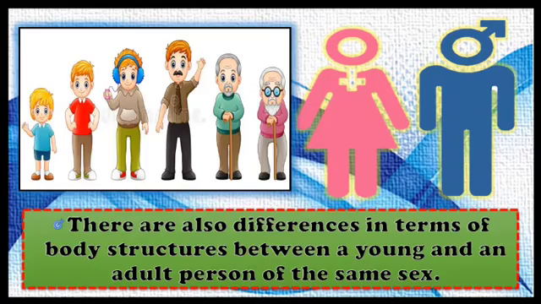Therefore, there are also differences in terms of body structures between a young and an adult person of the same sex. As you can observe, di ba, nung bata kayo, like for example, ang sanggol, ang liit-liit ng mga daliri compared to a teenager or sa adult. So, malalaman mo ang differences nila.